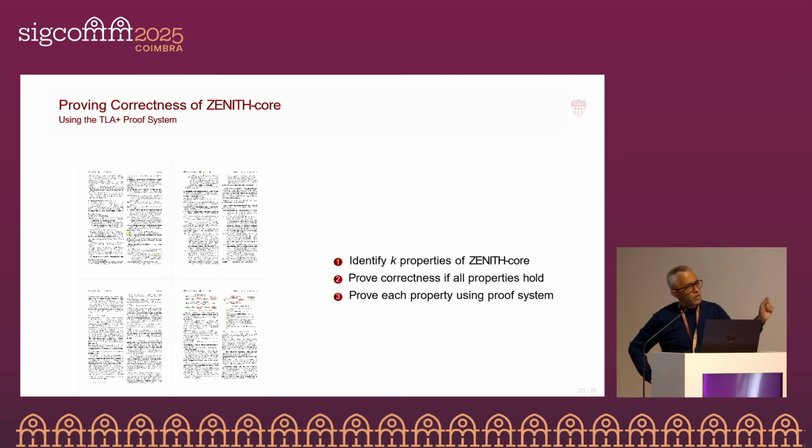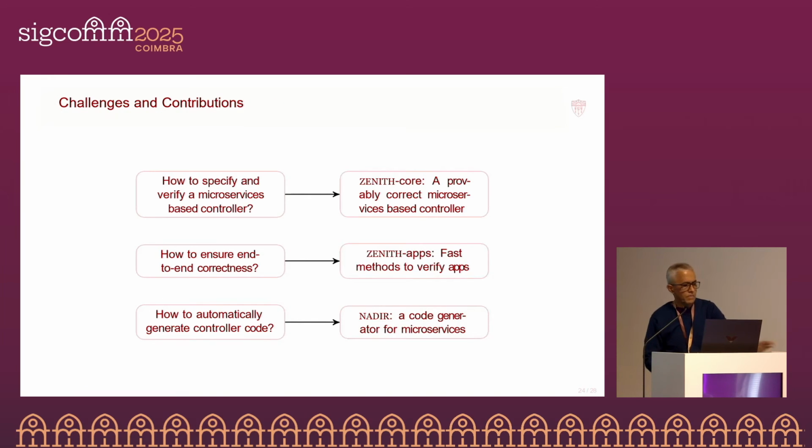Then you prove by contradiction the correctness of the specification if all the properties hold. And then you take each property and you prove it using the TLA+ proof system. This is discussed in the appendix, and you're welcome to take a look at it and I'd be happy to talk about it offline.